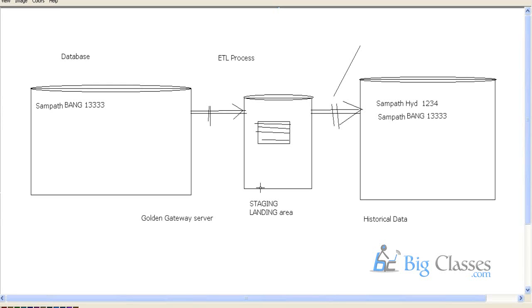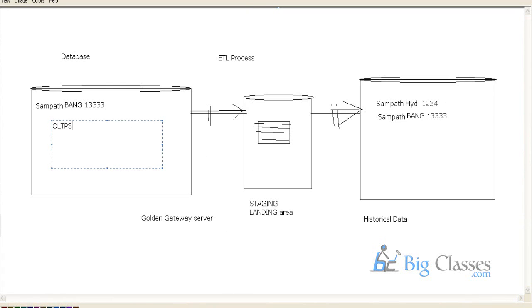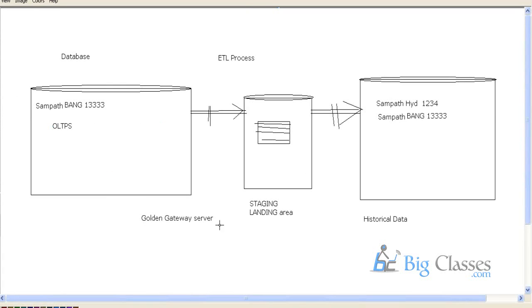See, we have 3 databases here. Whenever there is a change in your OLTP database, Golden Gate immediately captures those changes and puts the data into one more database, which we call the staging or landing area.